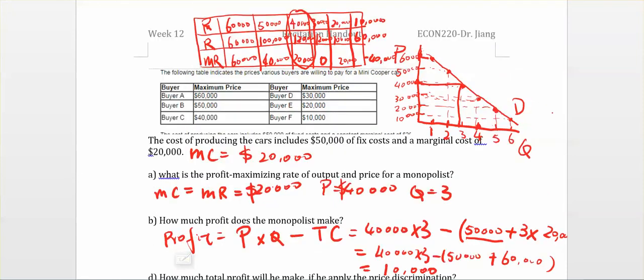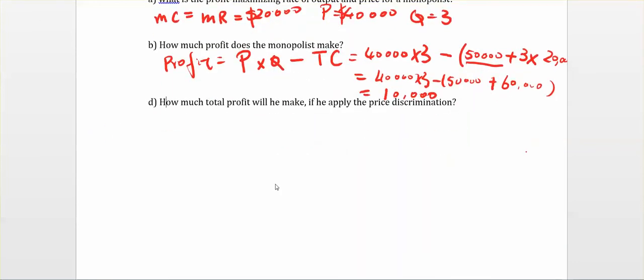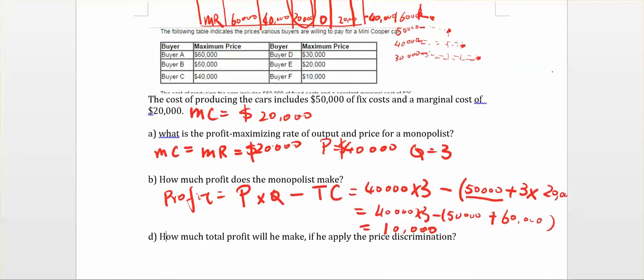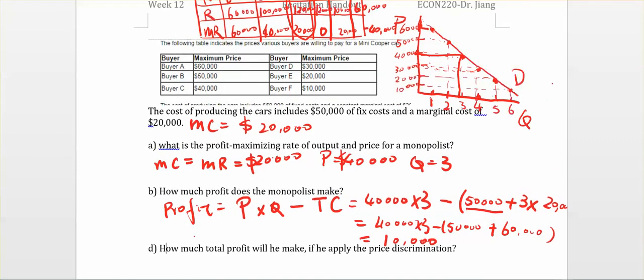It will include buyers A, B, C, D and E, not F, because buyer F is willing to pay much less than the marginal cost. So they have 5 units of demand.